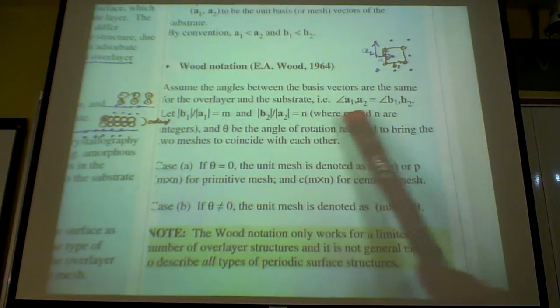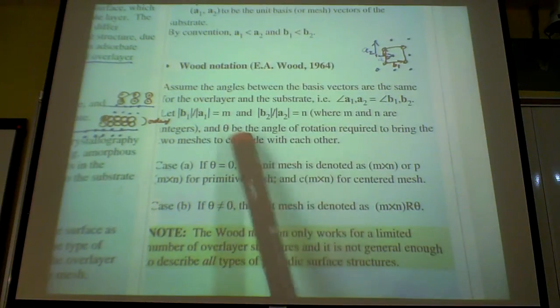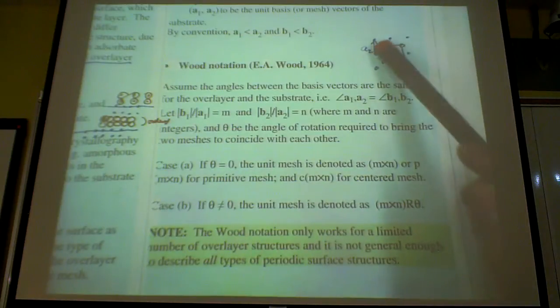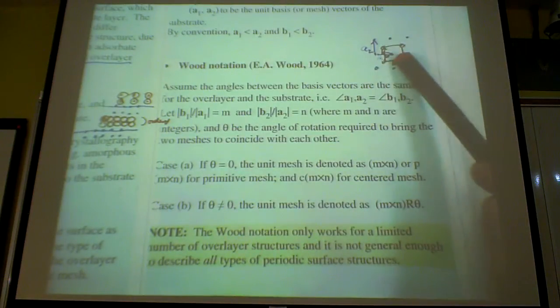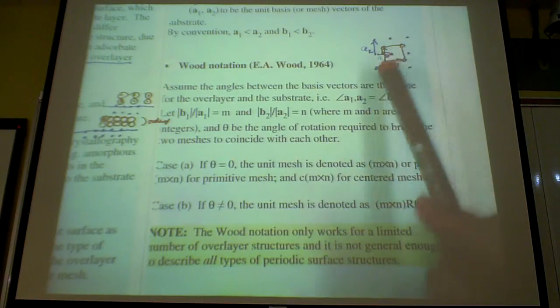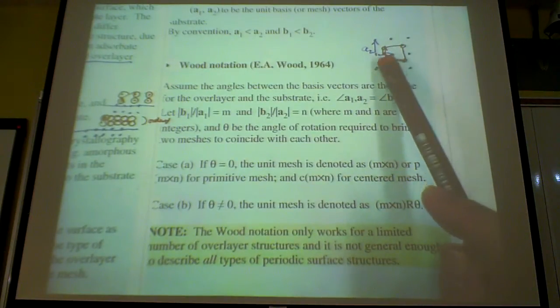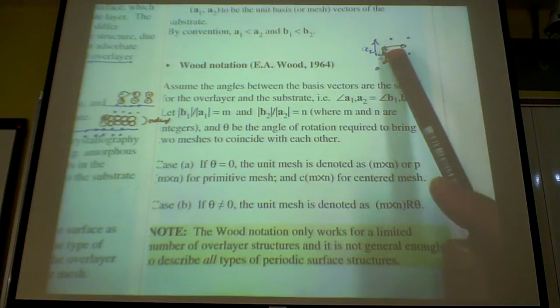So both M and N are integers, and then theta here. Even though the interangles of these are the same, there could be a rotation. So you can imagine the red grid rotated by 45 degrees.